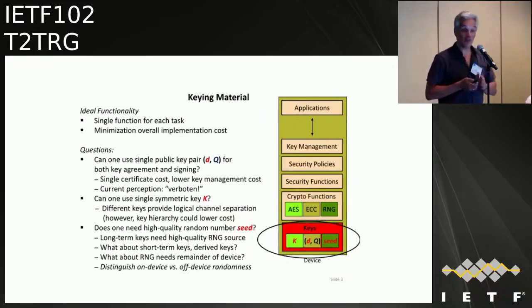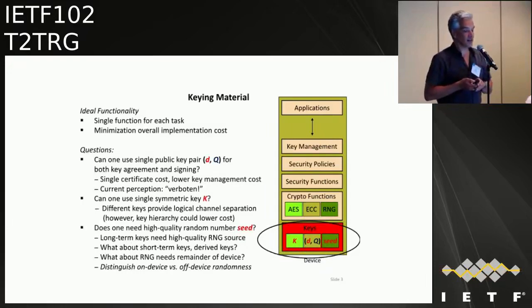So I think if we could actually get away with one public key, we may be able to install one certificate on the device if we don't do raw public key, and save on the certificate cost and plow that money back into securing the implementation of the device. So I think we can still put a little bit of thought in there. I have some thoughts about it myself, but in this presentation I only wanted to focus on the questions.